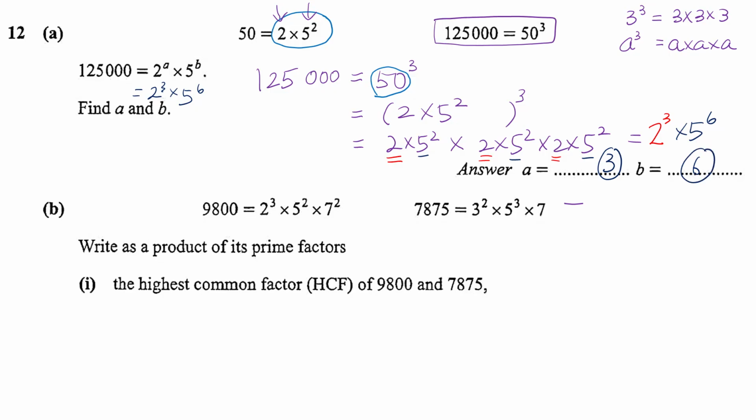So for this part, you don't really have to do any ladder method. The prime factorization is already done for you. For part B also, it's done for you. So all we need to do is some grouping and some comparison.